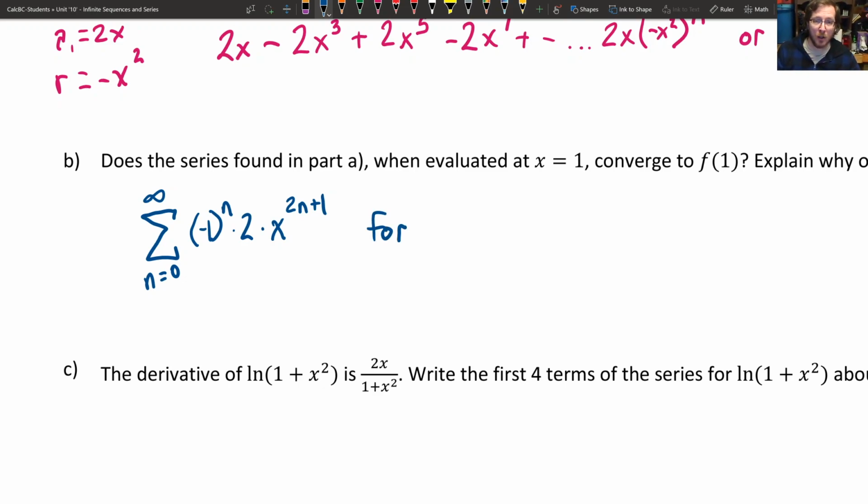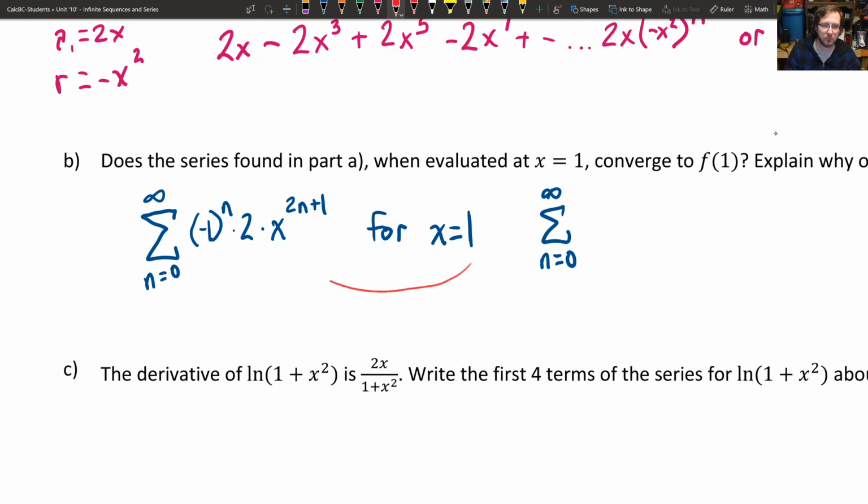So for x equals 1, if we plug that in, then we're going to get 1 to the 2n plus 1. Well, 1 to any power is just 1. So we're really just left with all of this. So opposite of 1 to the n times 2.